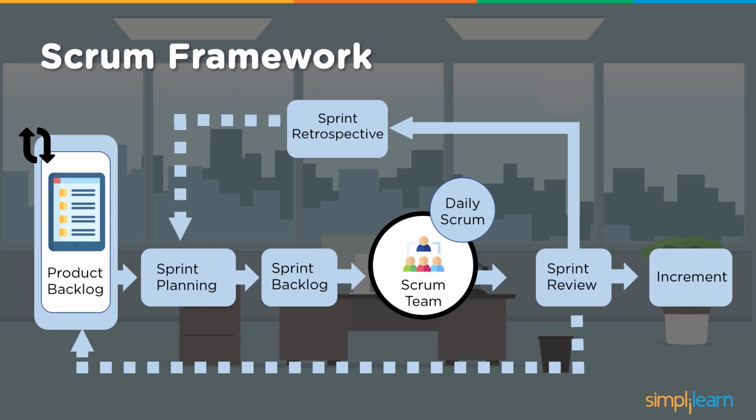Then the increment is delivered, and at the same time the retrospective checks what was planned versus what is delivered. The review points will come and get updated to the product backlog as well, to the product owner. So the product owner should be aware what is delivered and what is pending to be delivered, and that increment is further delivered.